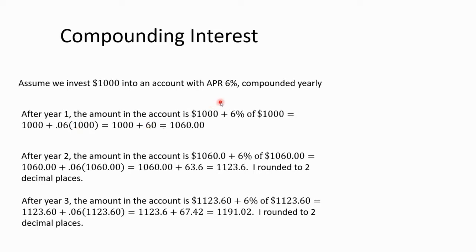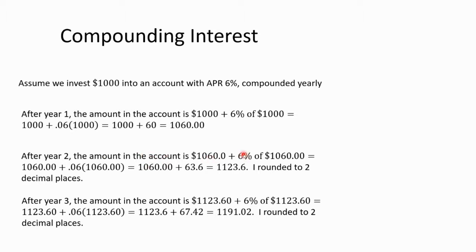Okay, again, to get the interest after a year, you use the APR, right? You convert it to a decimal and multiply. So we get 1,000 plus 60, which is $1,060. So this is the balance after year one. Okay, so let's move on to year two. Watch this. What's the new amount after year two going to be?